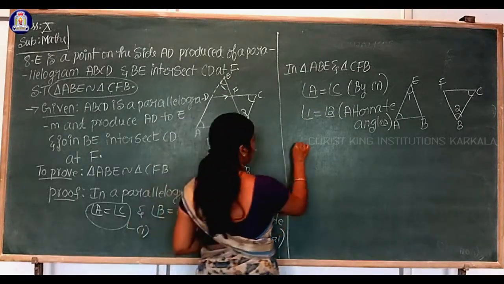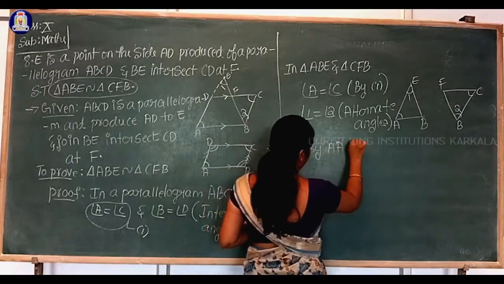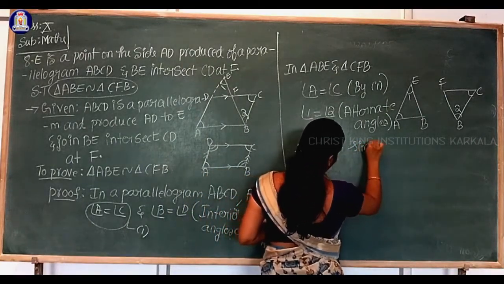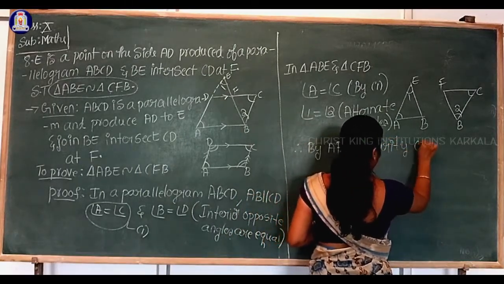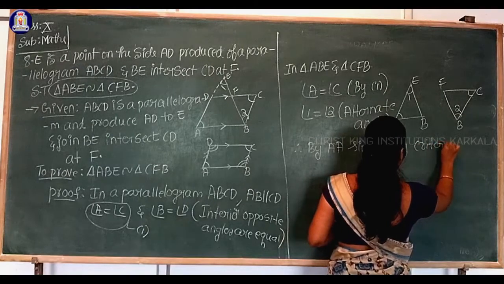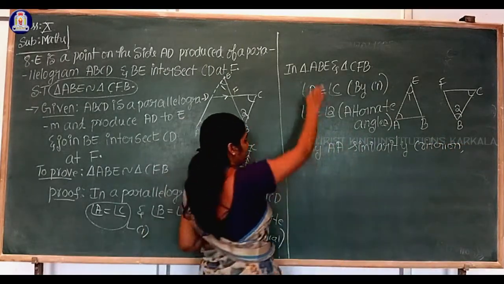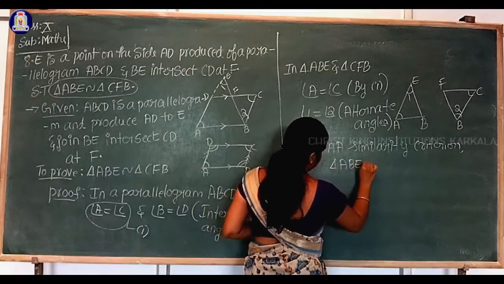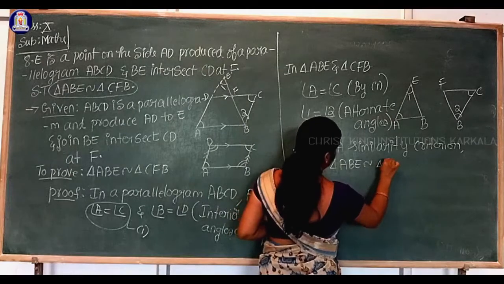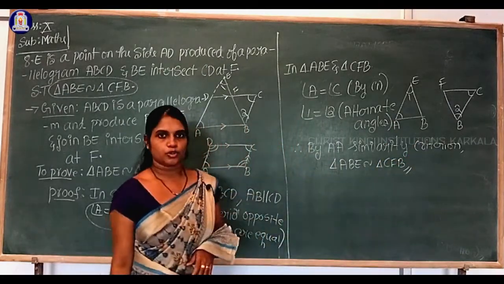Yes. Therefore, by AA similarity criteria, we can say that the given two triangles, triangle ABE is similar to triangle CFB. Okay, so this is what we have to prove, isn't it?